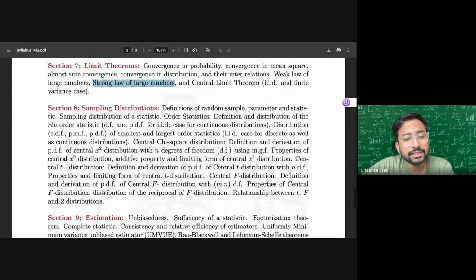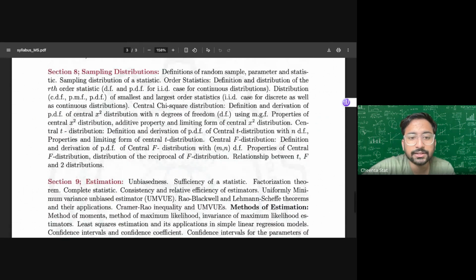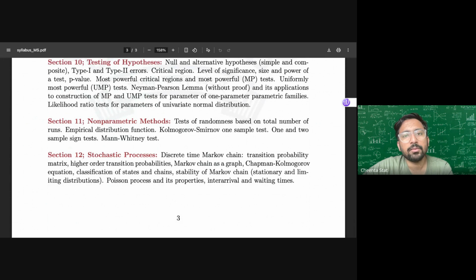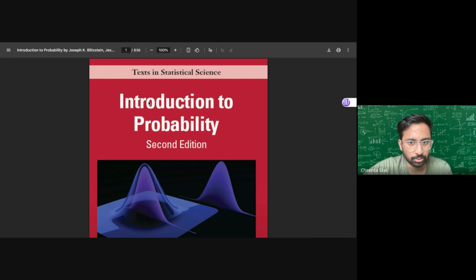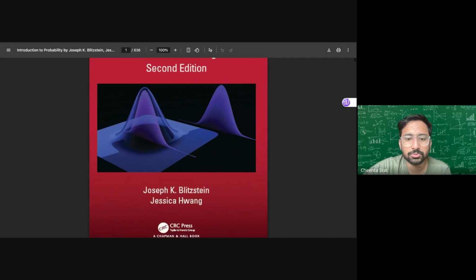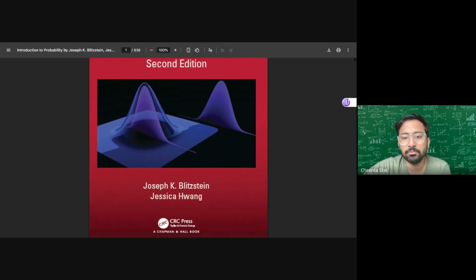There's another interesting addition in probability theory, that is stochastic processes, section 12. I am always a big fan of this probability book, and I suggest this to all the students: Introduction to Probability by Joseph K. Blitzstein and Jessica Hwang.